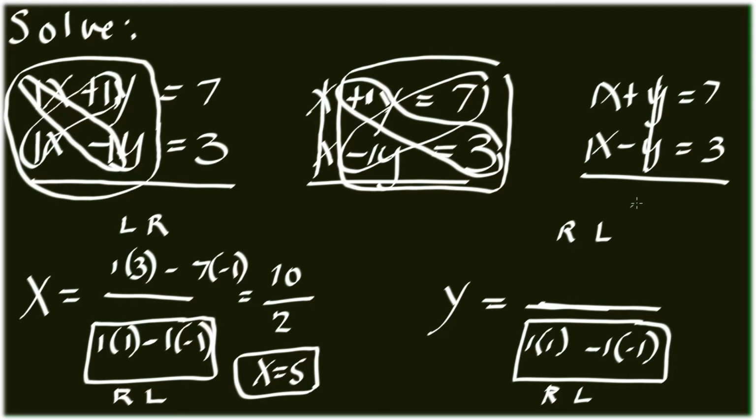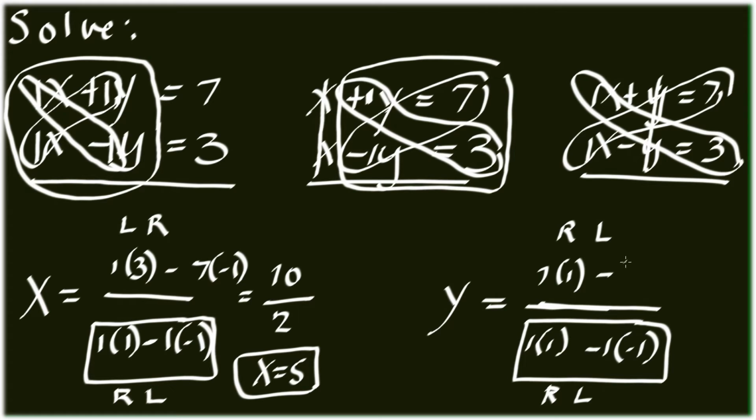The direction is right to left, so right diagonal 7 times 1 minus the left diagonal 1 times 3. 7 minus 3 is 4 over 2. y is equal to 2.